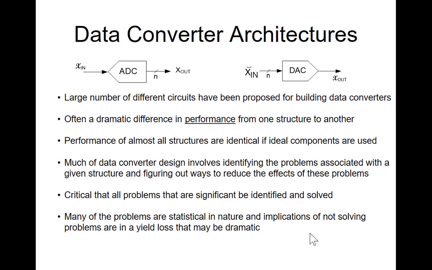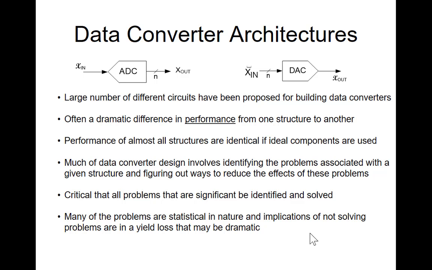In fact, a data converter designer will spend almost all their time trying to find out what can go wrong in that structure, and then look at what you can do to fix that problem. It's critical that all problems that are significant be identified. Oftentimes there will be several different factors that cause a given structure to perform non-ideally.